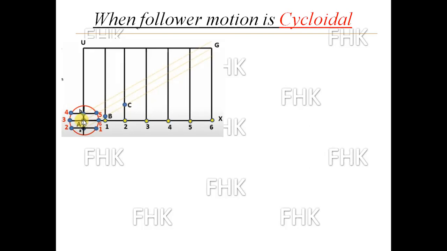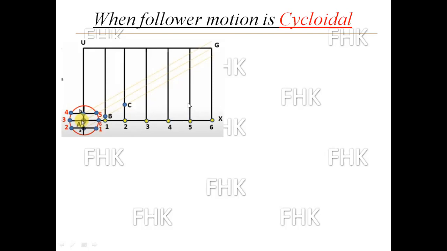This point will be a, and this will be the third intersection point. The fourth intersection point will be the fourth vertical line and this fourth point which I will project on this vertical line, that point will be small p, and this small b will be projected here. This will be the fourth point.